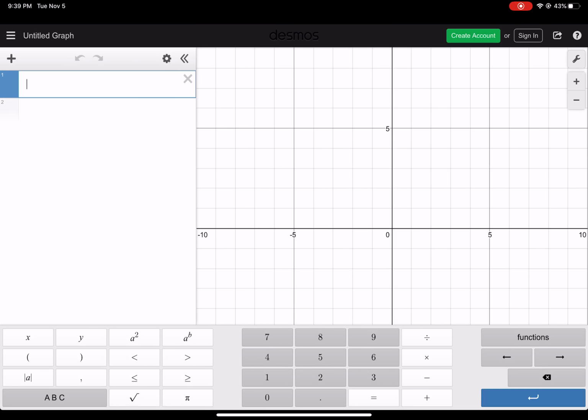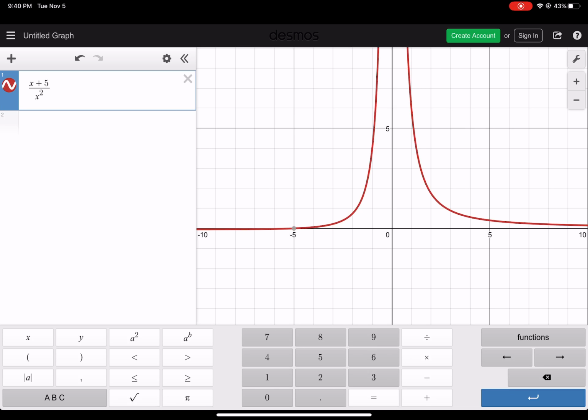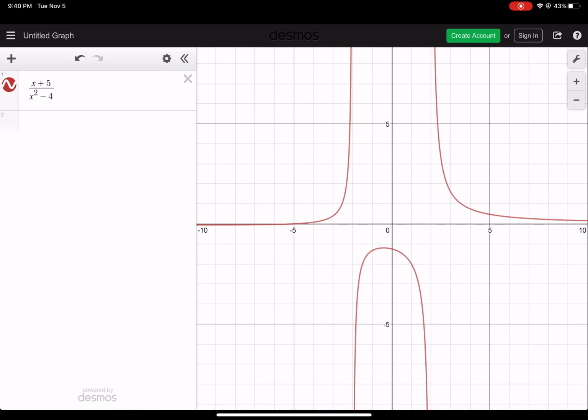We had to graph the function x plus 5 on top, and then x squared minus 4 on the bottom. So here, we have a funky looking one that has more than one vertical asymptote like we saw the other day, and we have a horizontal asymptote as well.